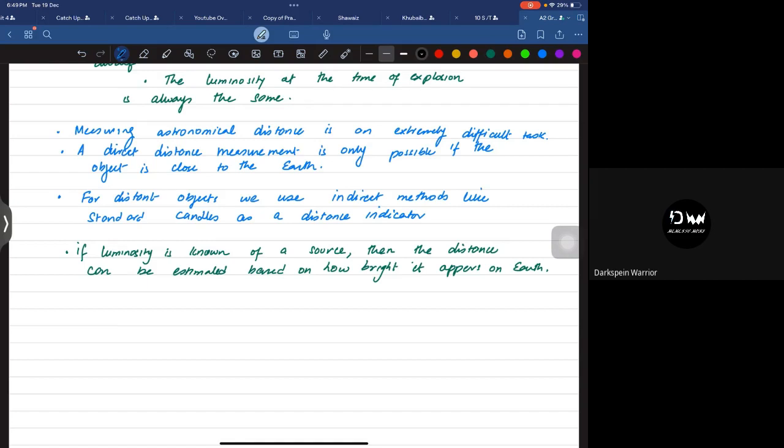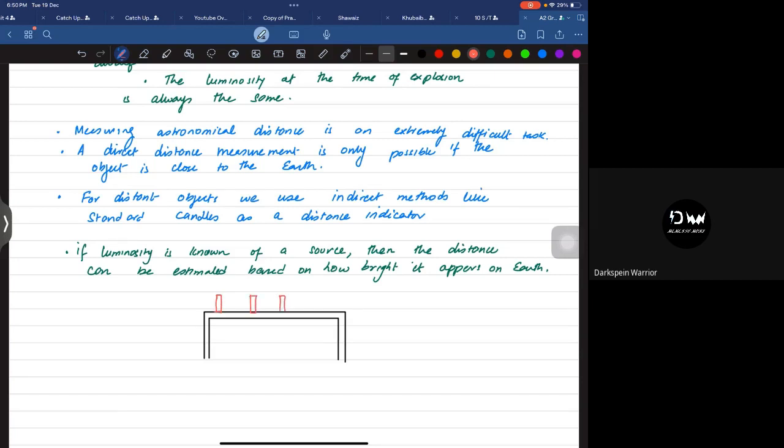Let's suppose there is a table, and beside that table you're sitting on a chair, and on that table you have kept different candles. Let me just draw that so you have an idea what I'm talking about. So there are numerous candles you put, of the same type at different distances.